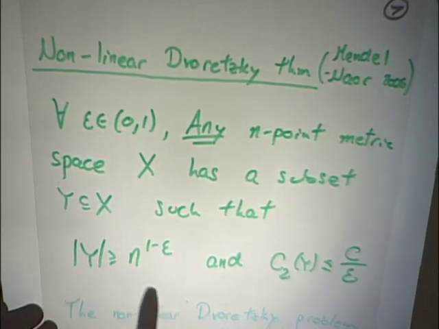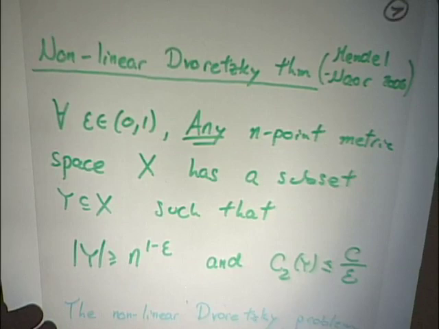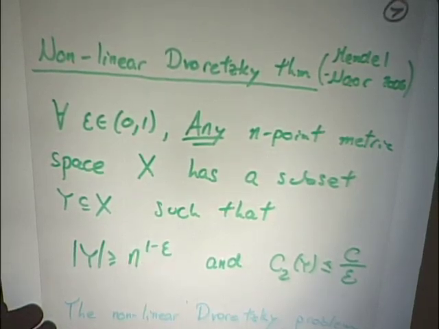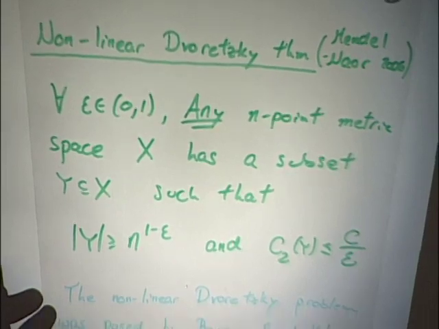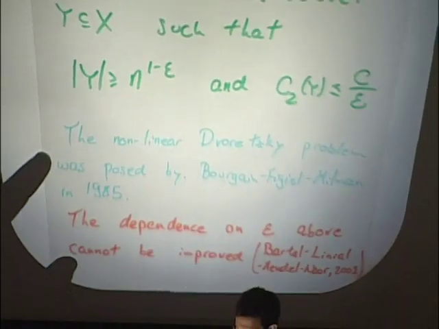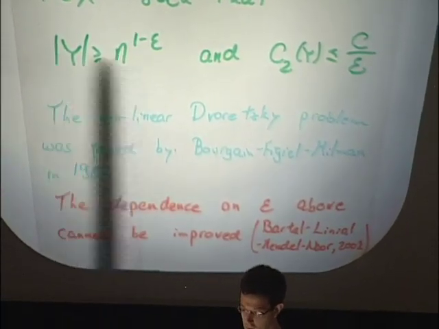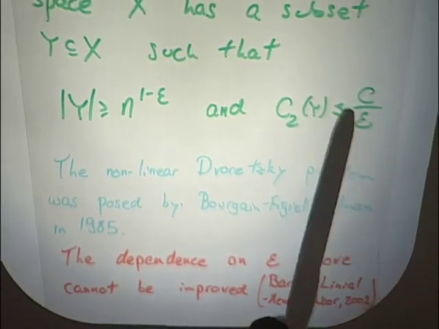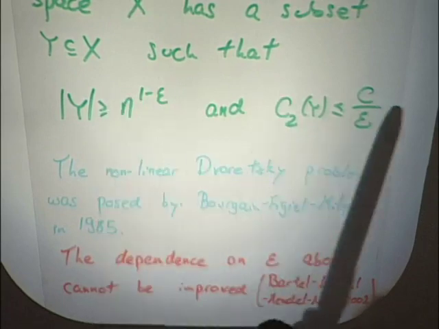We'll see very soon that without passing to a subset, you couldn't have hoped for something of that form. And this is optimal as stated, except for this universal constant. It's 8 right now. I don't know what it is, but up to the constant, this is the truth.